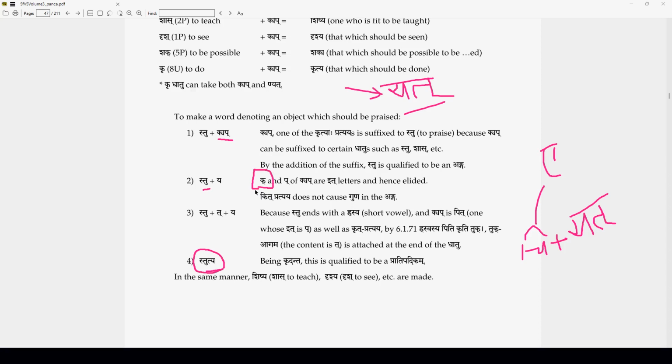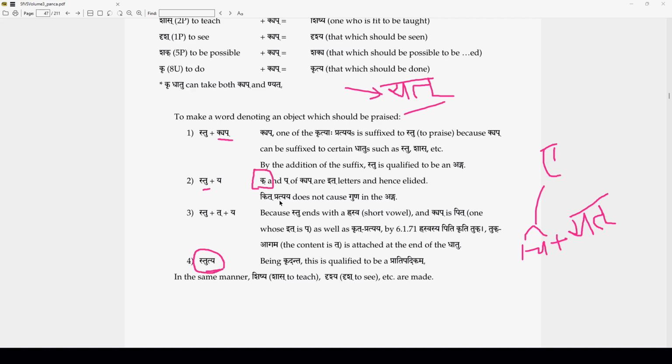Now the ka, in some other place in the Ashtadhyayi, says that if there is a ka letter in the pratyaya, then the guna doesn't take place, because it is a kit. Kit means ka is an it letter, ka is being removed.